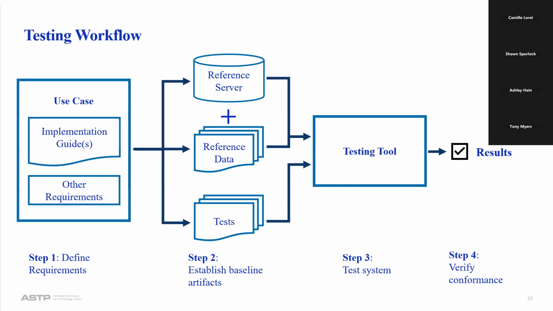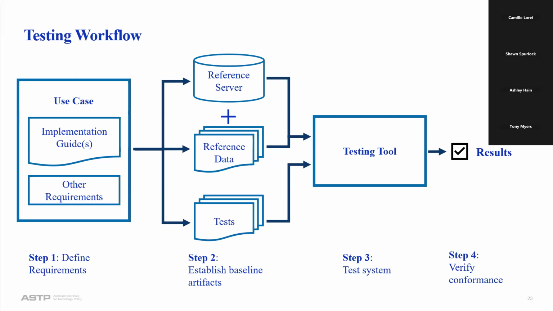So then moving on to step two are the conformance artifacts that serve as a benchmark or a reference point. And these artifacts can include things like a reference server, which is an implementation of the requirements. And this server can be a reference point for other systems that are trying to meet conformance to those requirements.